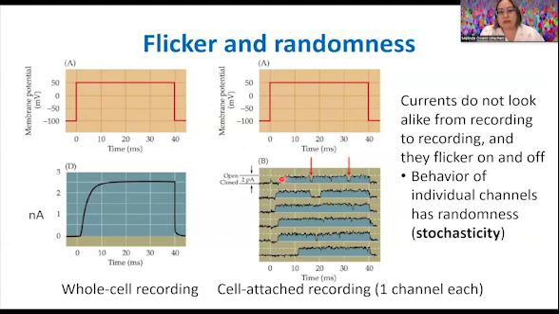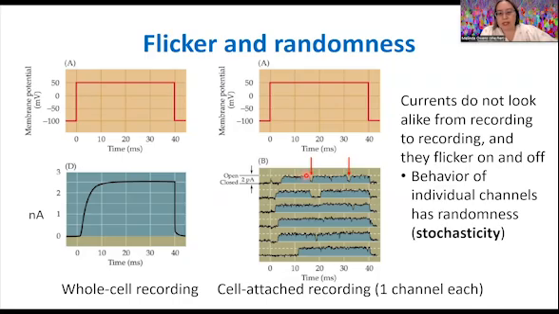So we see that each of these channels behaves differently from each other, even though they're all the same kind of voltage-gated potassium channel. And also each individual channel acts a little bit randomly. So it has randomness, or a fancy term for this is stochasticity, which is the word in the learning objective.